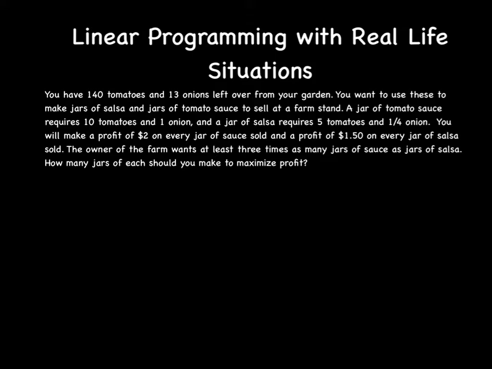Okay, so let's talk about this. The first step, as in any word problem, is to define your variables. And again, we always find that in the last sentence. How many jars of each should you make? To maximize profit, we'll deal with in a minute.